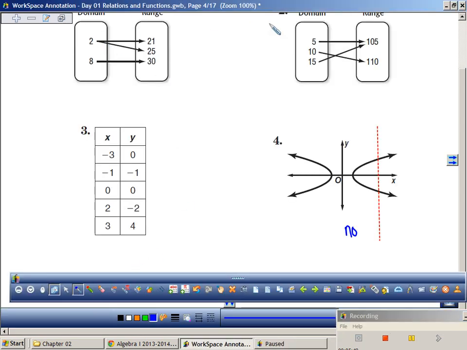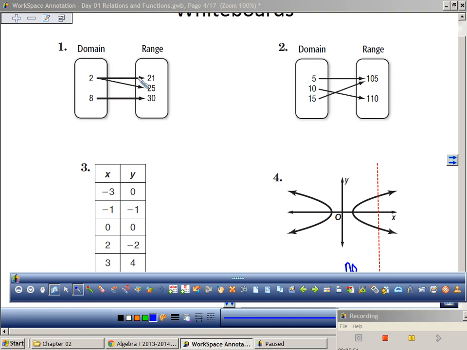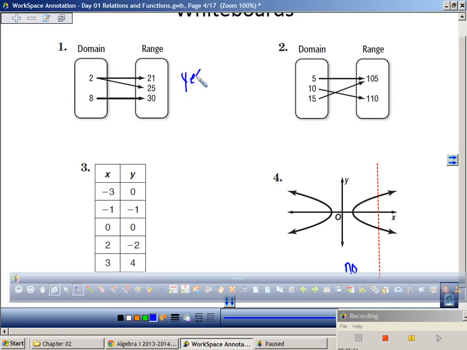Okay, so we decided that this is a function because a candy bar can be two different values. This is not, no wait, it is two different values, so excuse me, this cannot be a function. So no, a candy bar cannot be $21 and $25 at the same time.